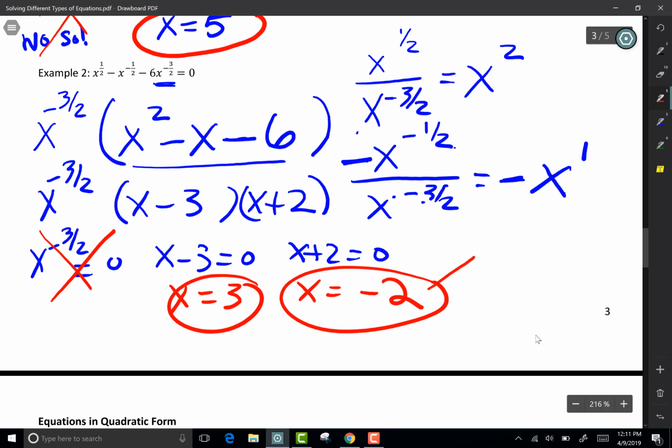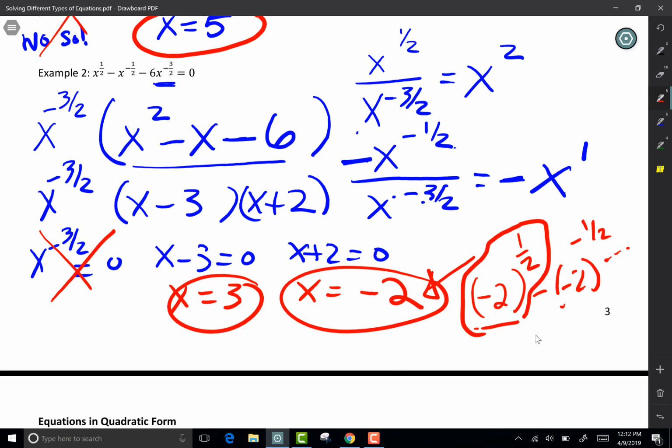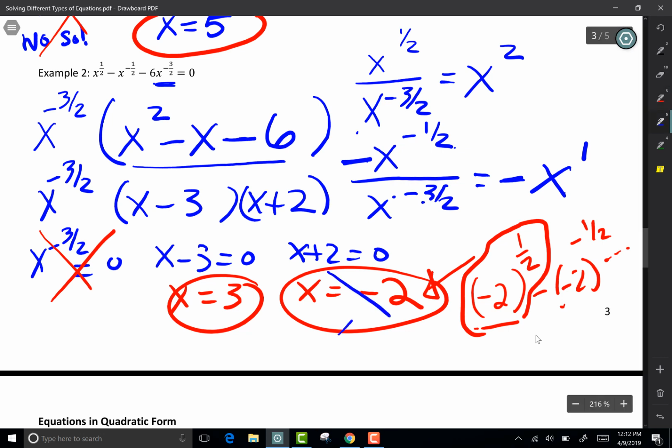So if I go back to plug this answer into my original, I'm going to get negative 2 raised to the 1/2 minus negative 2 to the minus 1/2, etc. I can stop right there because this is telling me that I'm taking the square root of negative 2. And I can't do that. If you plug that into your calculator, you're going to get an error message. So we're also going to cross off this answer as well. And we're going to say that our only solution to this is x equals 3.